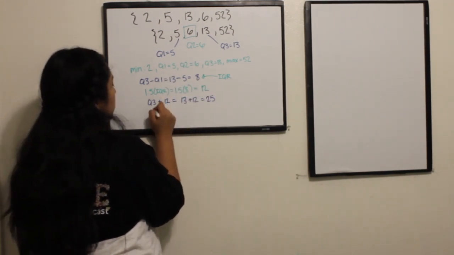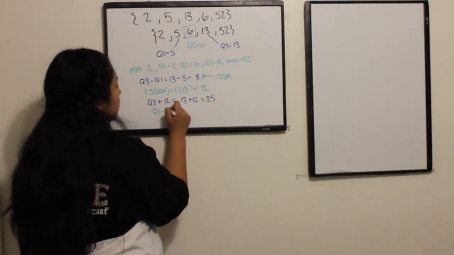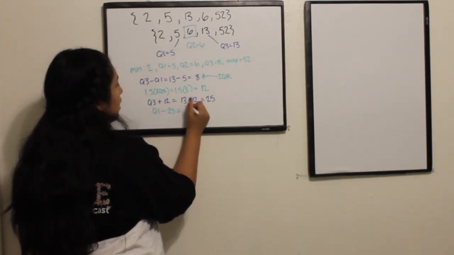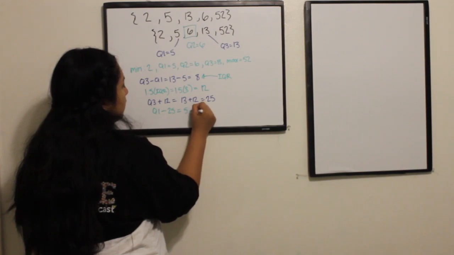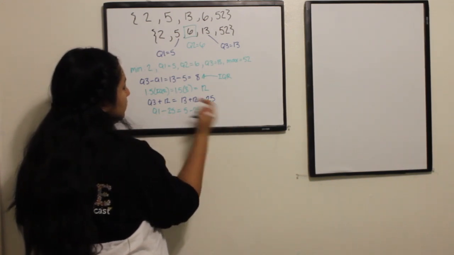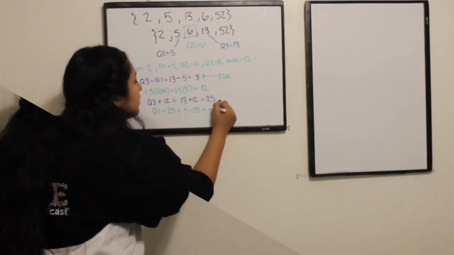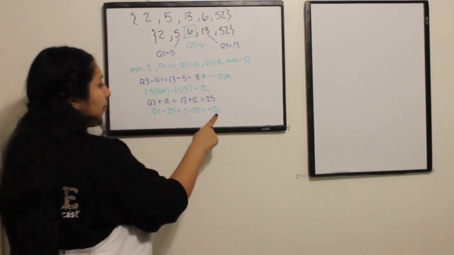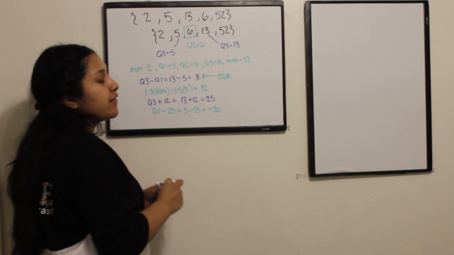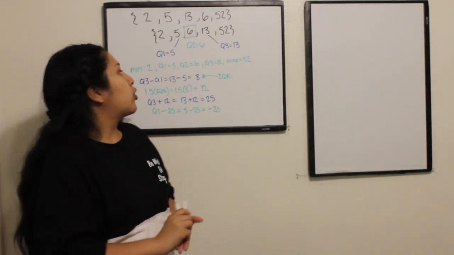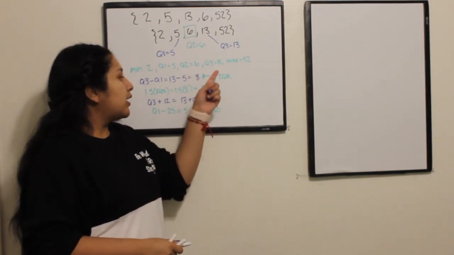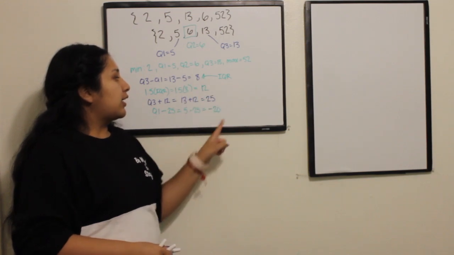So our quartile 1 minus 12, which is 5 minus 12... and then after this, we see our answer is negative 20. So once we have our quartile 1, 2, 3, we have our defining numbers.